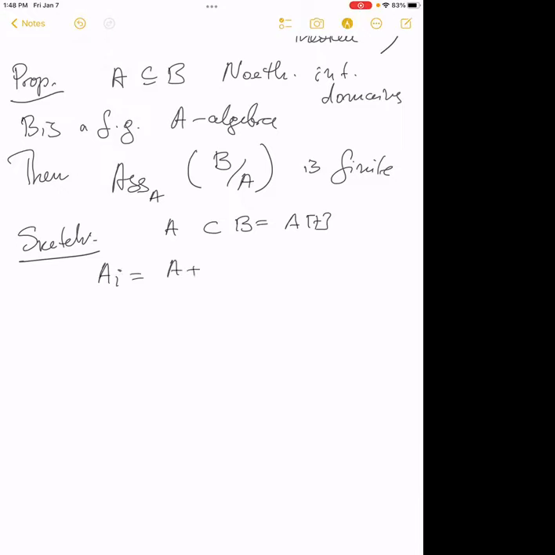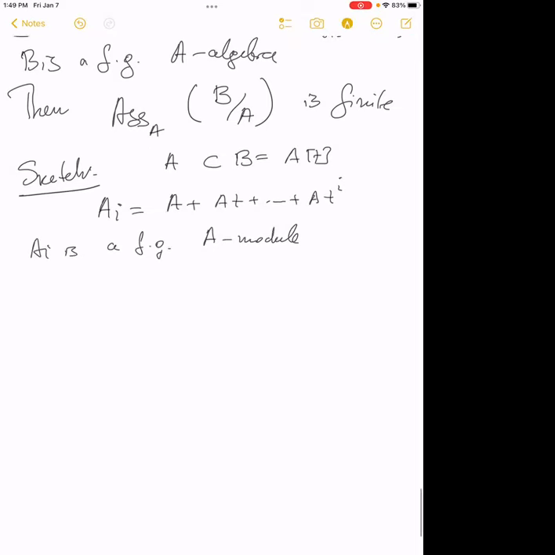So A_i is A plus AT plus and so on, where I look only at polynomial expressions up to degree T to the i. So A_i is a finitely generated A module, and what I have is this chain.